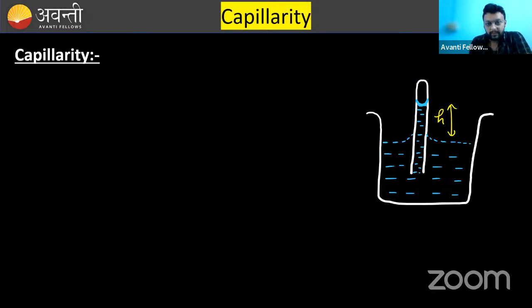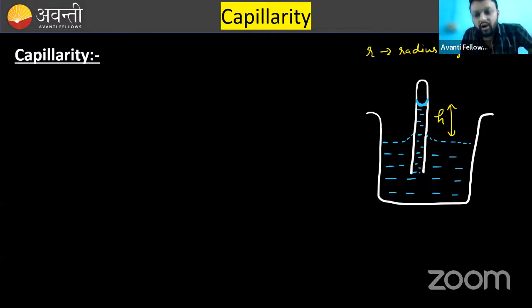Also suppose that r is the radius of the tube. Clear?